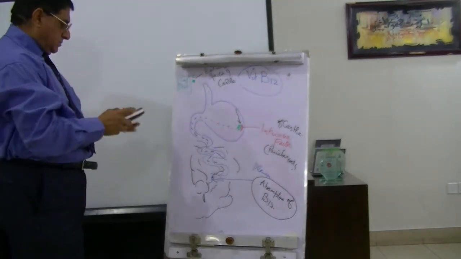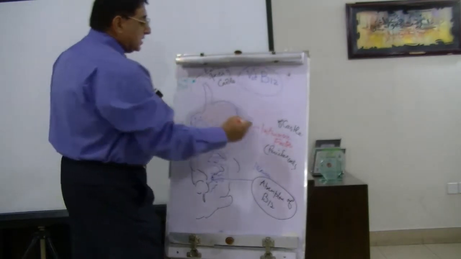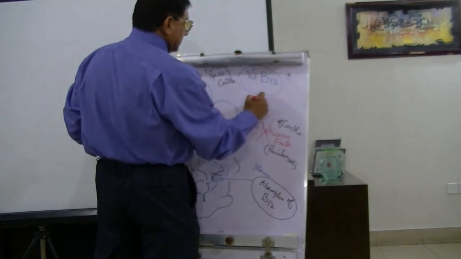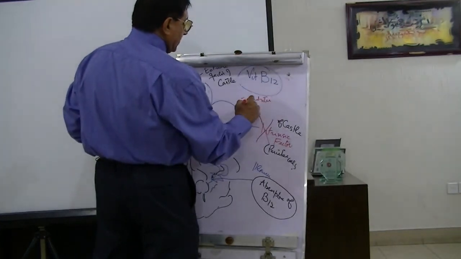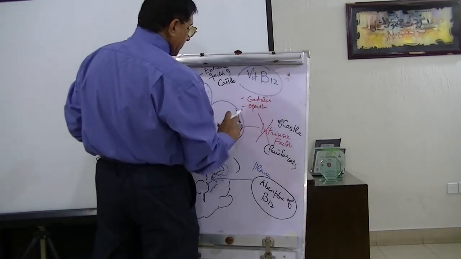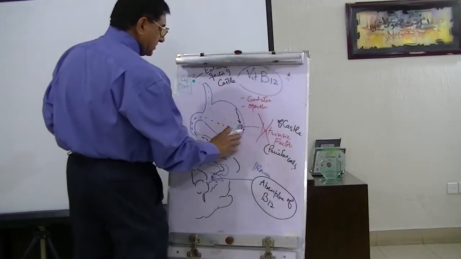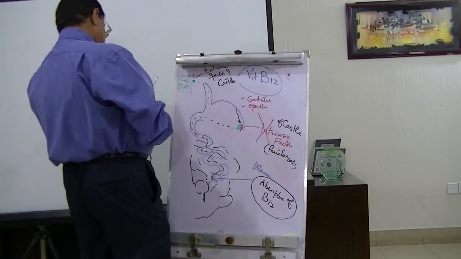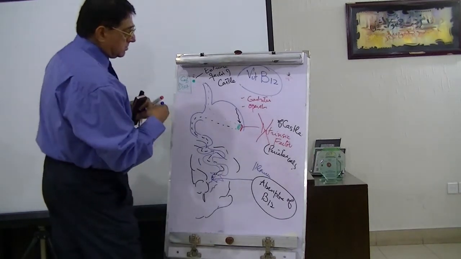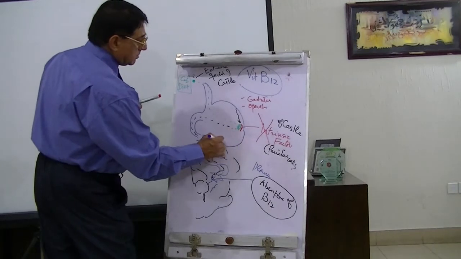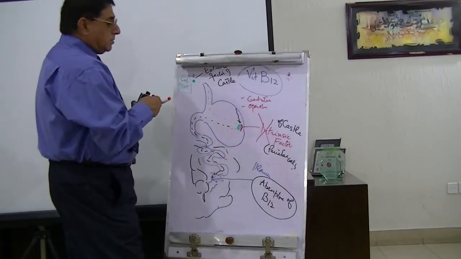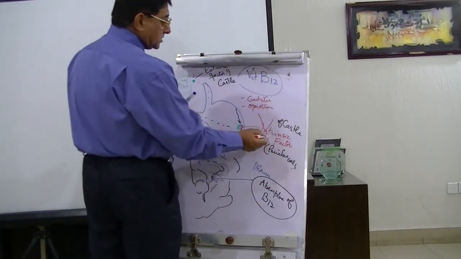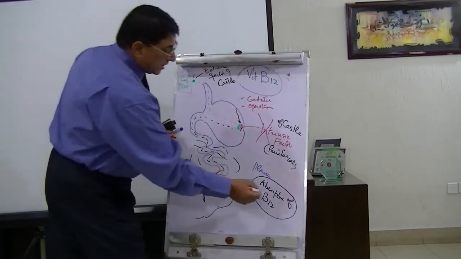So remember, if the intrinsic factor is destroyed, for example by gastritis, or by operative procedures of the fundus, because this is there in the fundus area, then the loss of intrinsic factor will reduce the absorption of B12.